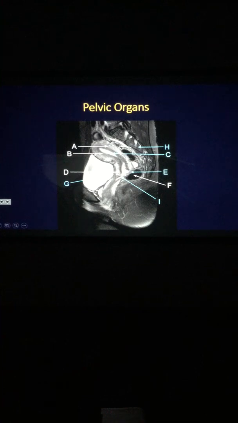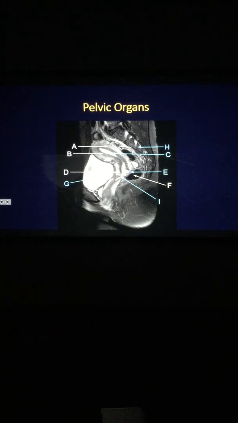Sometimes there is uterine cancer, or a cancer in the rectum invading the uterus, or cancer in the bladder invading the uterus. In situations like this, MRI is the best test. Right? Is it clear to all of you?